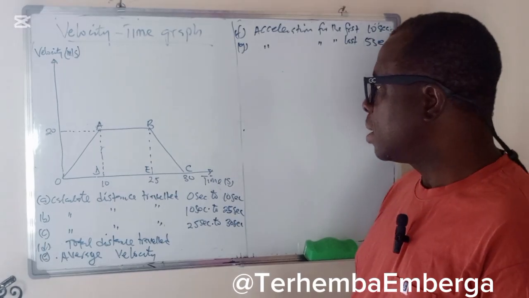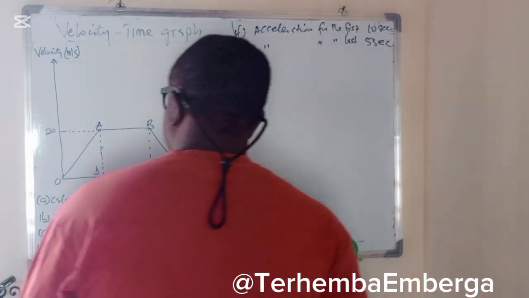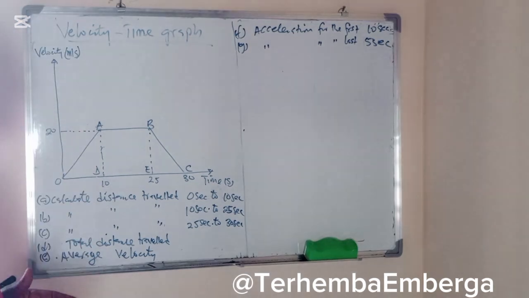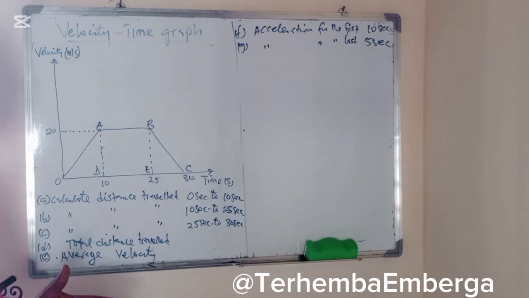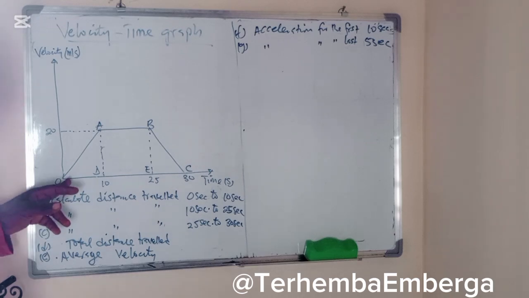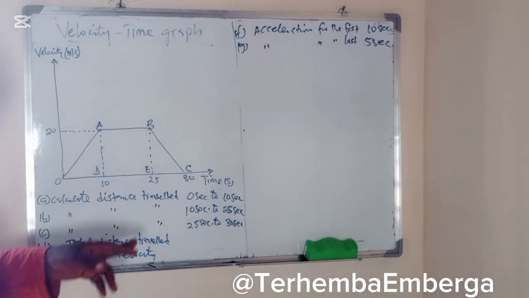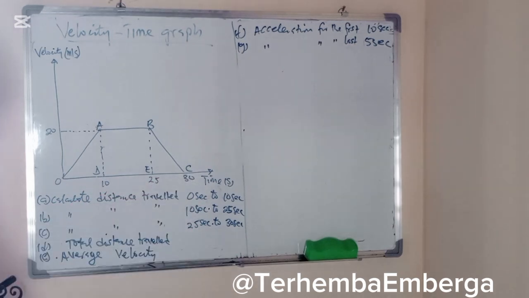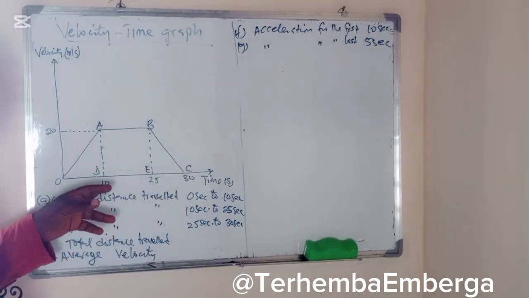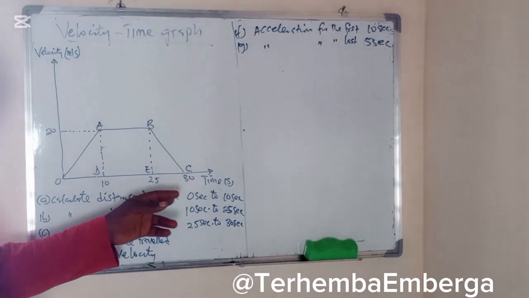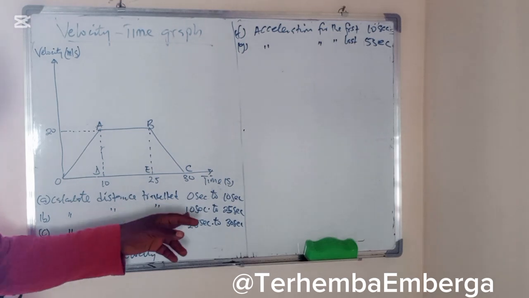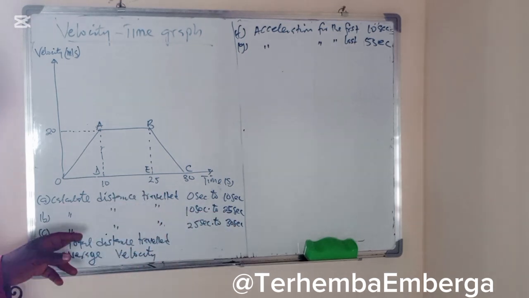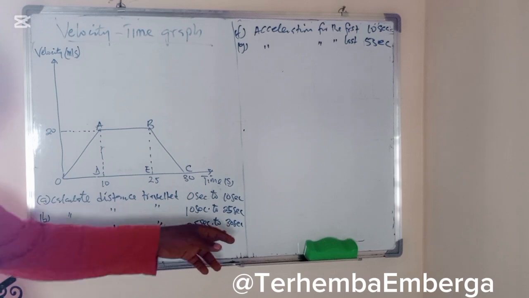So in this case, we have a problem to solve, and there's a sketch. Most of the time, the sketch will be like this, and the question will be asked: calculate this, calculate that. From here, we have this sketch with points 0, the origin, A, B, C, D, E. Calculate the distance traveled from 0 seconds to 10, from 10 seconds to 25, and from 25 seconds to 30.